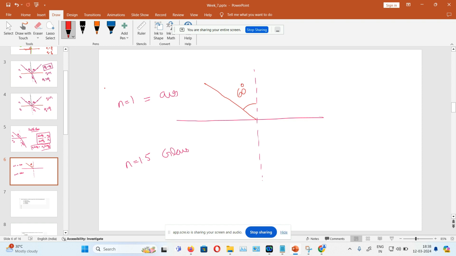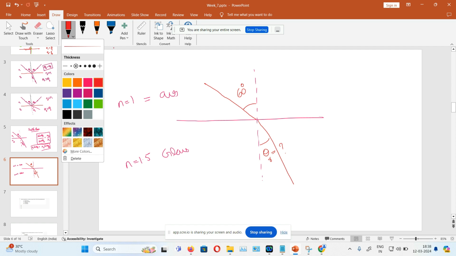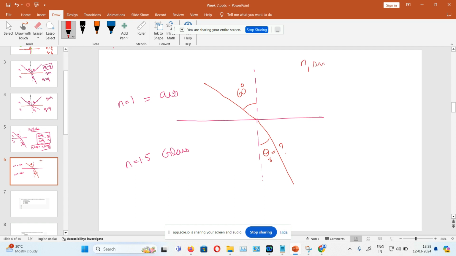So we know that it is coming from a rarer medium to a denser medium, so it will bend towards the normal. So now we want to know theta r. We have the equation n1 sine theta 1 is equal to n2 sine theta 2.